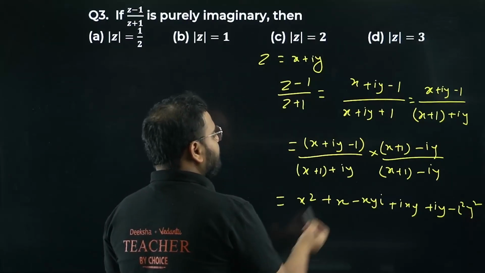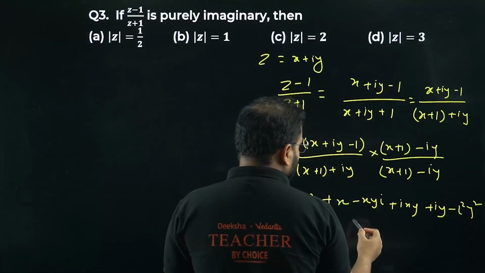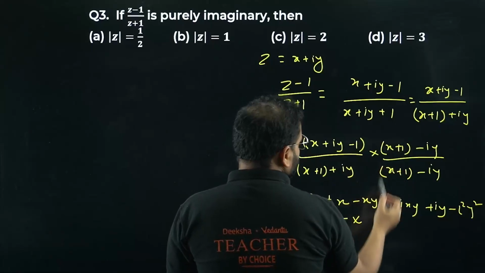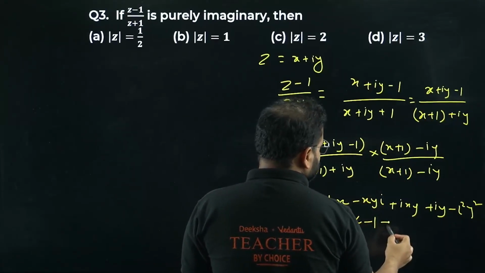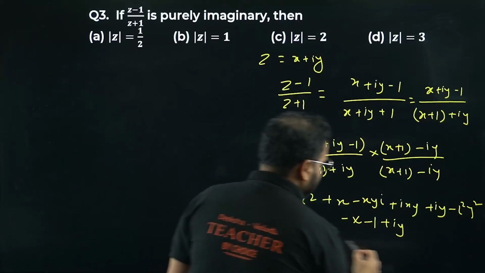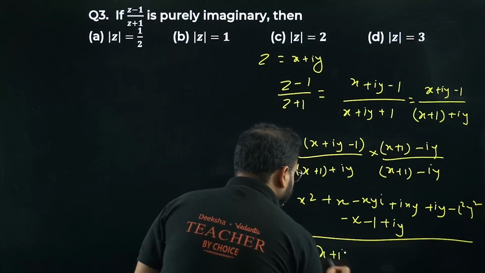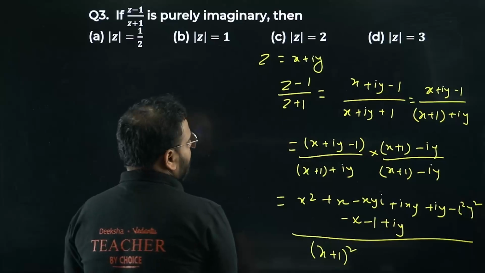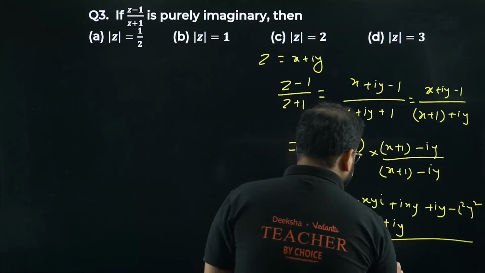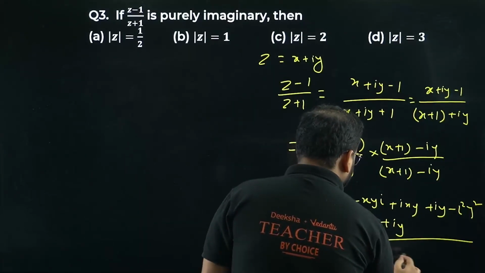Now I have to do with minus 1, you get minus x, sorry, minus 1 and plus iy, divided by, please check, x plus 1 the whole square, and minus iy the whole square.